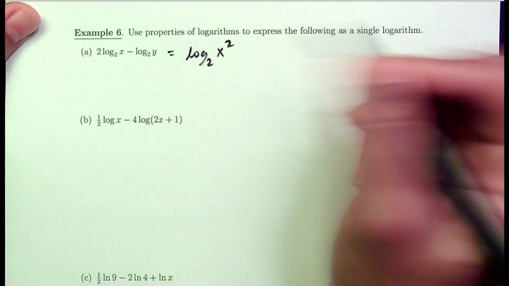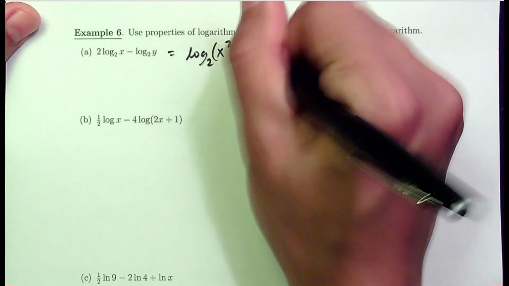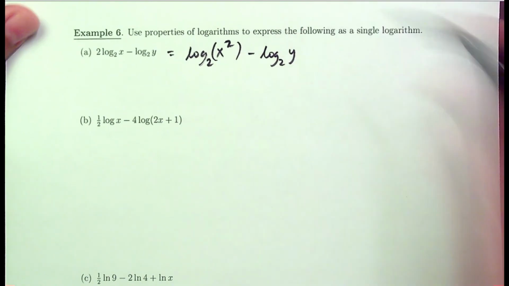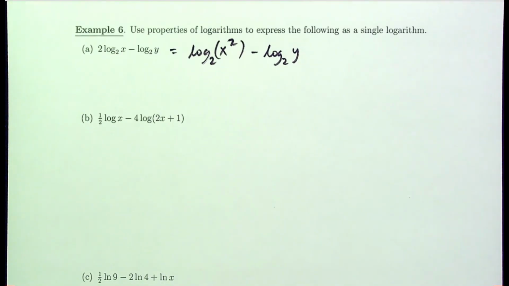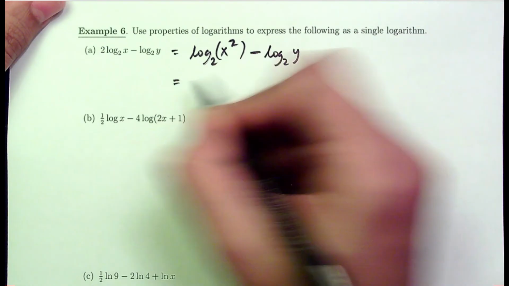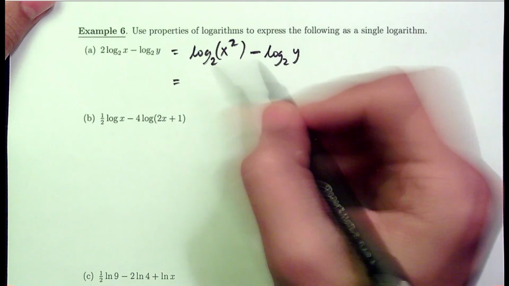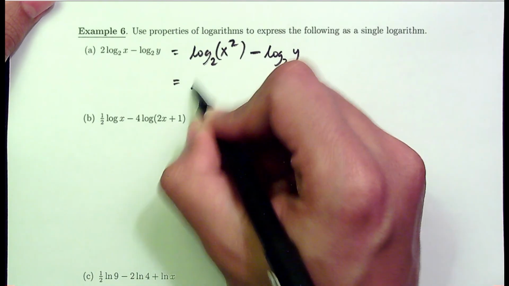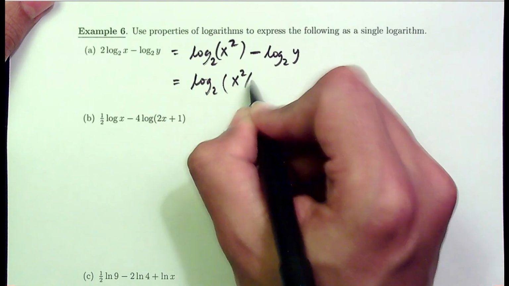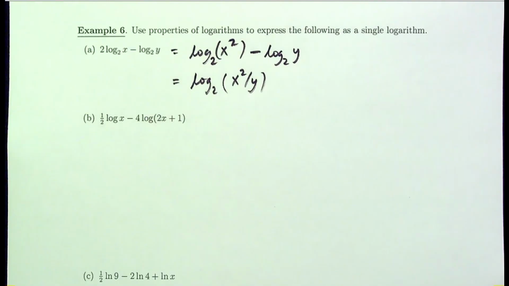I put the 2 inside and it becomes an exponent. And now I have a difference of 2 logarithms. You can condense that to a single logarithm by using the quotient. The difference of 2 logarithms is the logarithm of the quotient. That is the end of that.